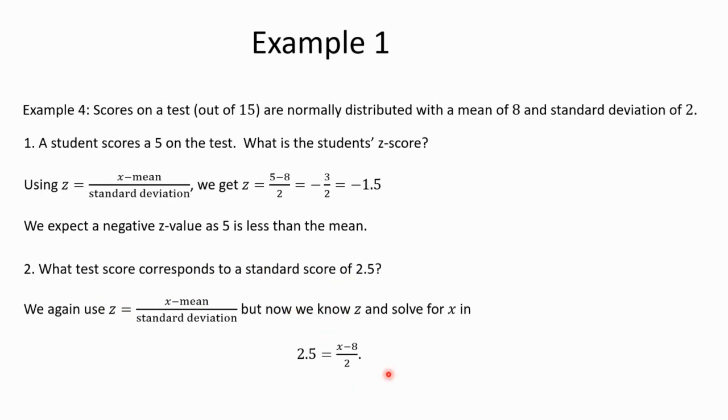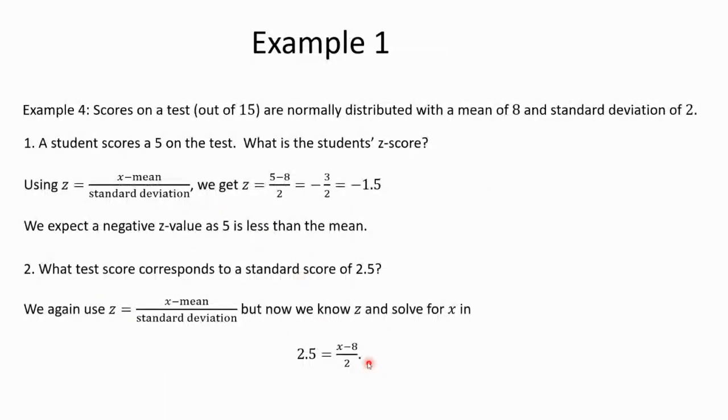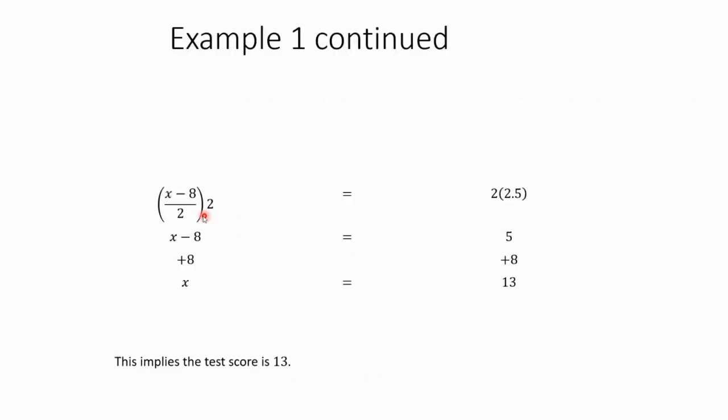Now it's basic algebra and we just solve it. We have this equation. What I did was interchange both sides. I like to have the unknown on the left, although in the long run it doesn't matter.